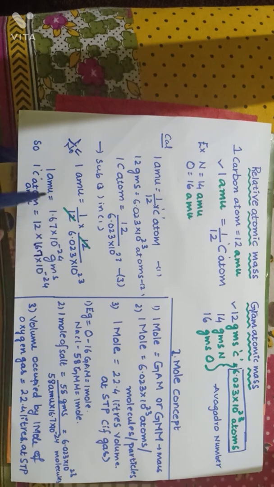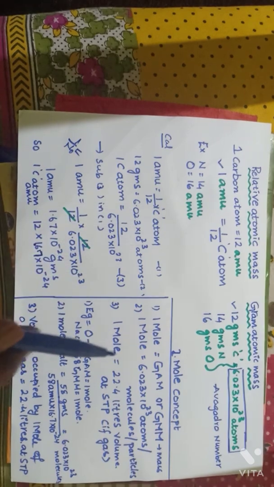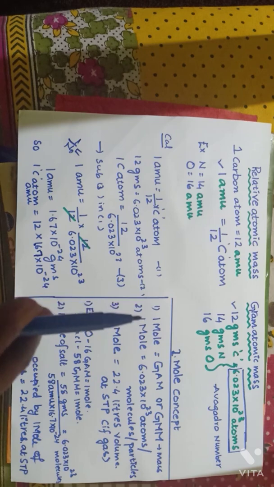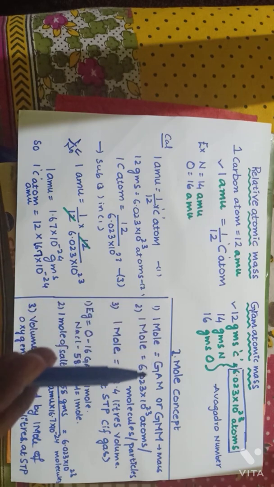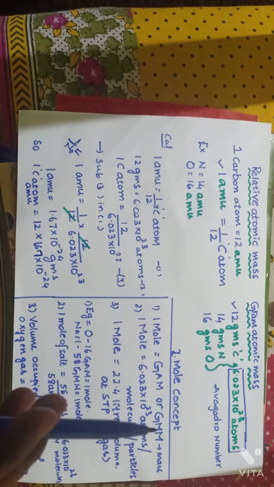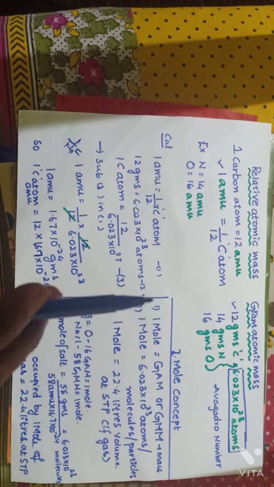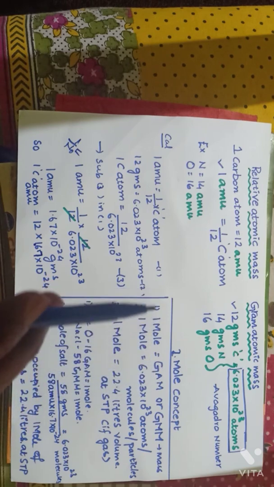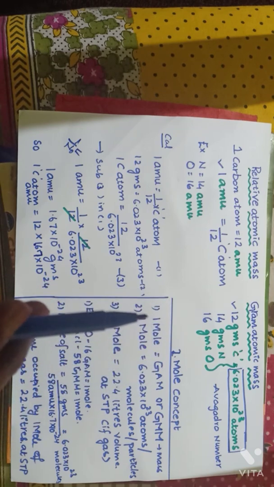So this way we calculate for atomic mass, and we can calculate it by taking gram atomic mass or gram molecular mass. Connected to this we have the mole concept, that is about moles. This gram atomic mass or gram molecular mass, we can also say it is equal to 1 mole. For our convenience in the lab, this mole is used for experiments.